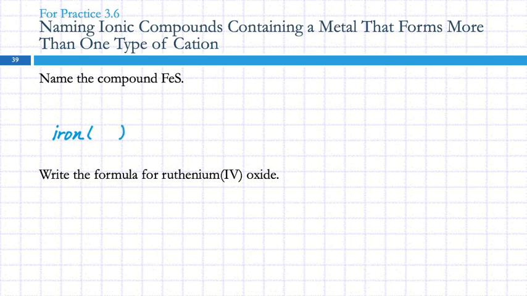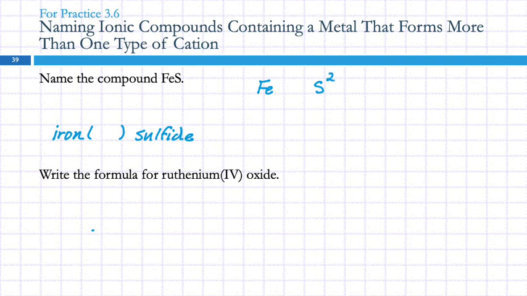It's just that it's not in 1A, 2A, 3A, zinc or silver. And then S is sulfide, right? Sulfur becomes sulfide. And we're going to have to figure out what that charge is, so we have to look at these ions with their charges. We don't know what iron is, but what is sulfur?